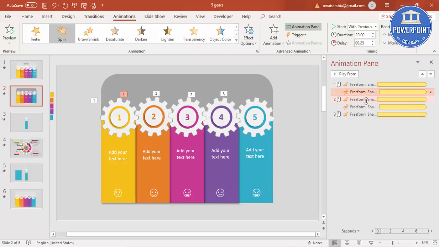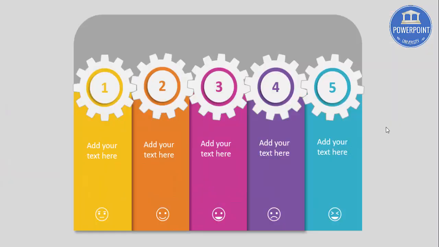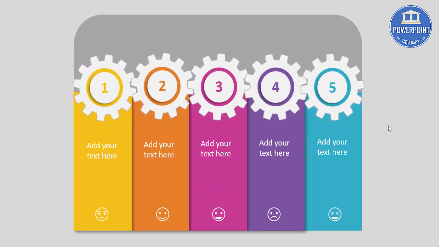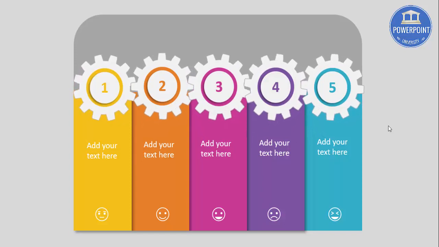So all this one is with previous, this is also with previous, and I'm just going to increase the delay: it is 0.5, this delay will be 0.75 and this delay will be 1. So if I just do it in the slideshow, when I click, you can see here it will work something like this.